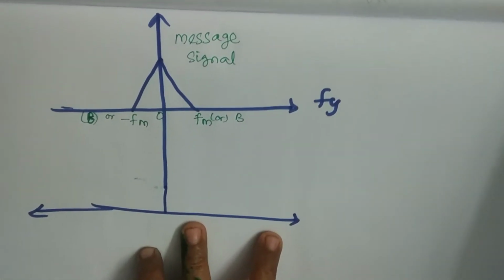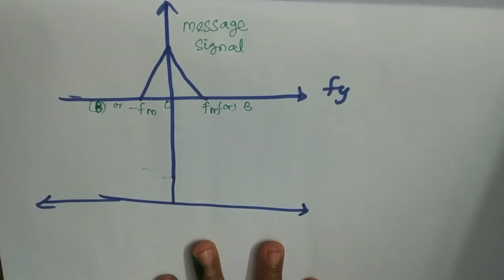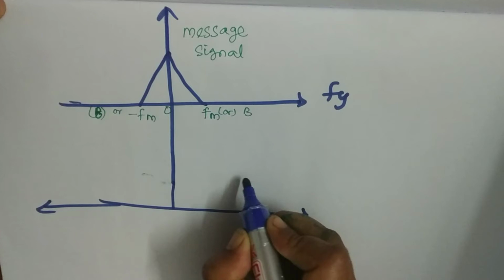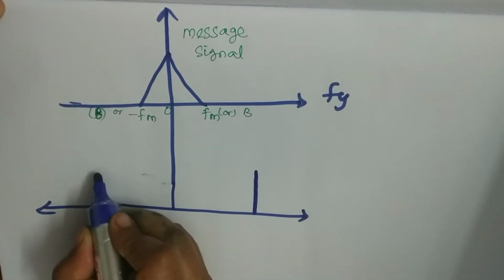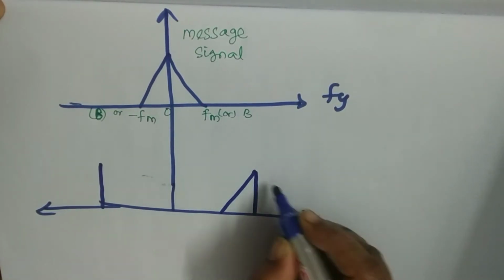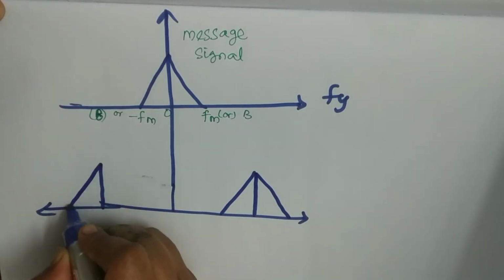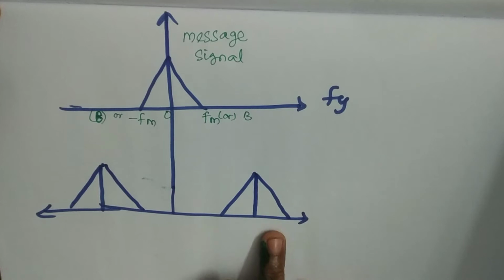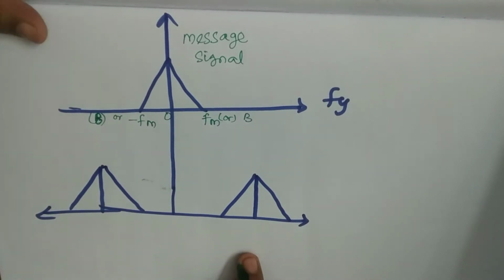Now I'll draw the frequency response of the double sideband signal. This is the frequency response of double sideband, with upper sideband and lower sideband.